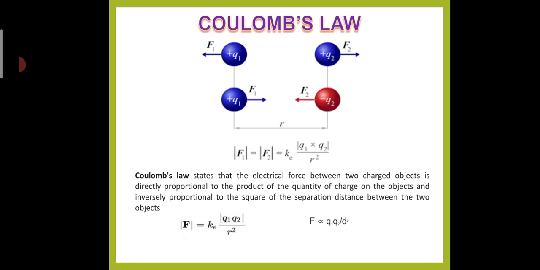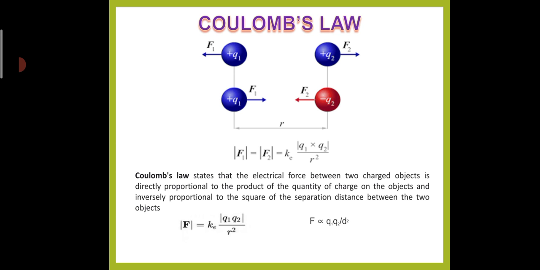Thus, if we consider two point charges Q1 C and Q2 C separated by distance r meter in free space, the force is given mathematically as F1 equal to F2 equal to K Q1 into Q2 divided by R square, and its unit is Newton.